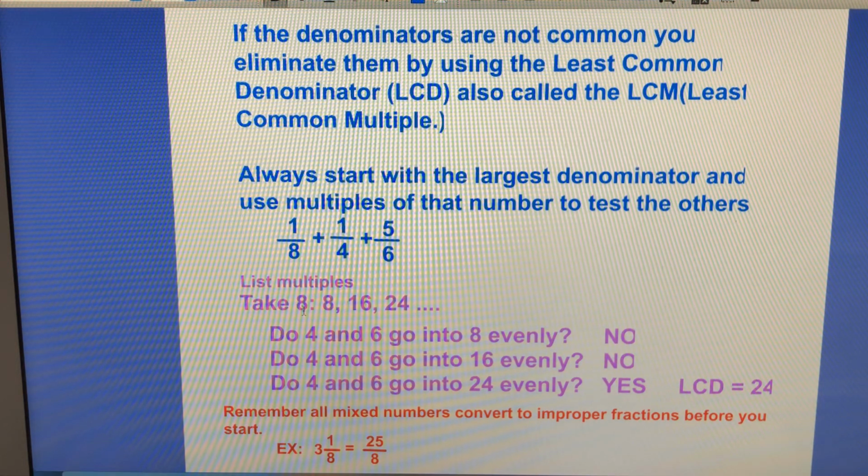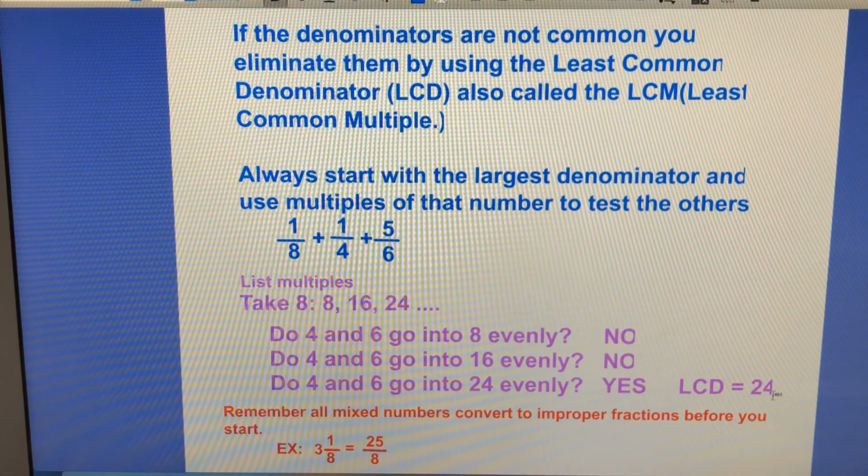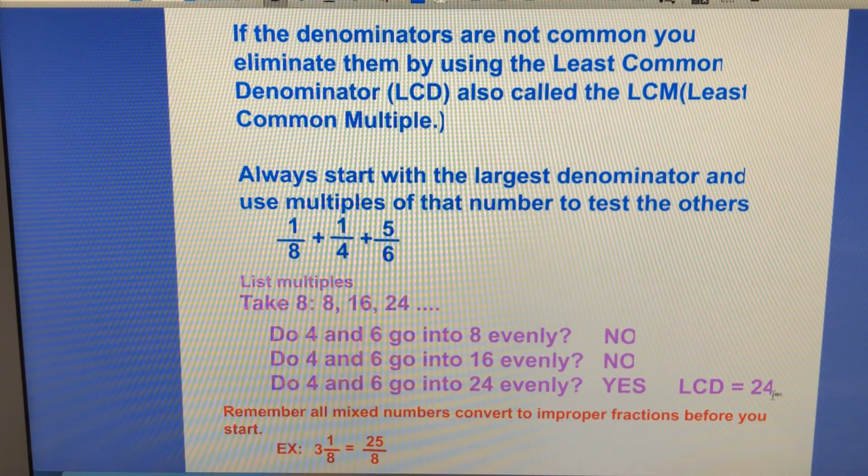Multiples of 8: 8, 16, 24. Do 4 and 6 go into 8 evenly? No. Do 4 and 6 go into 16 evenly? No. Do 4 and 6 go into 24 evenly? Yes. That becomes my common denominator or common multiple.